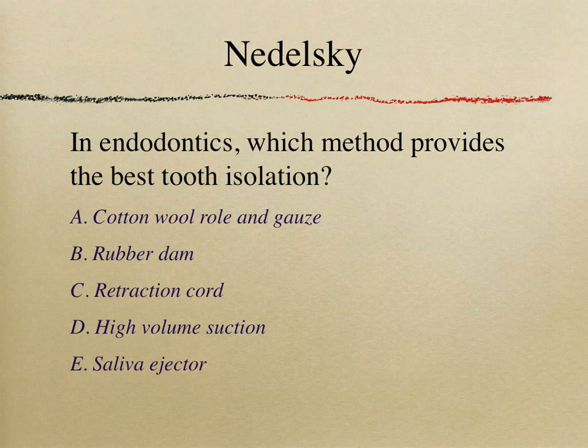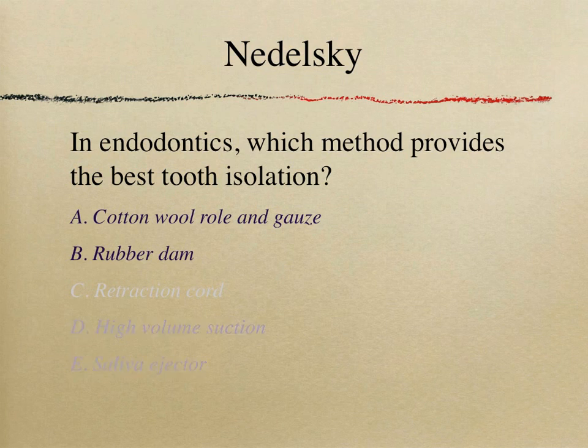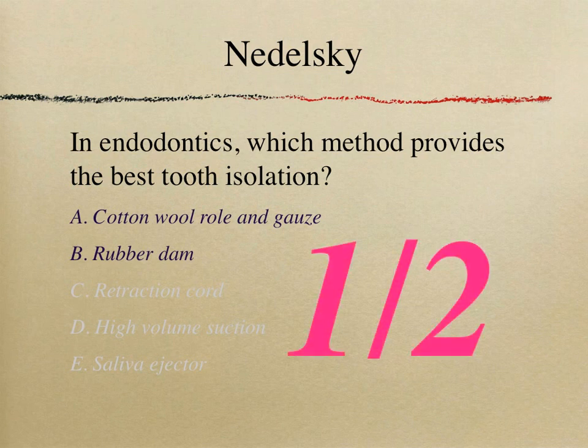Retraction cord, probably they can eliminate that distractor. And for the same reason, high volume suction, saliva ejector, probably a borderline candidate can eliminate these distractors as well. So a borderline candidate will probably be choosing between one of these two options. In other words, he's got a chance of 1 out of 2, or 50%, to be able to answer this question correctly.